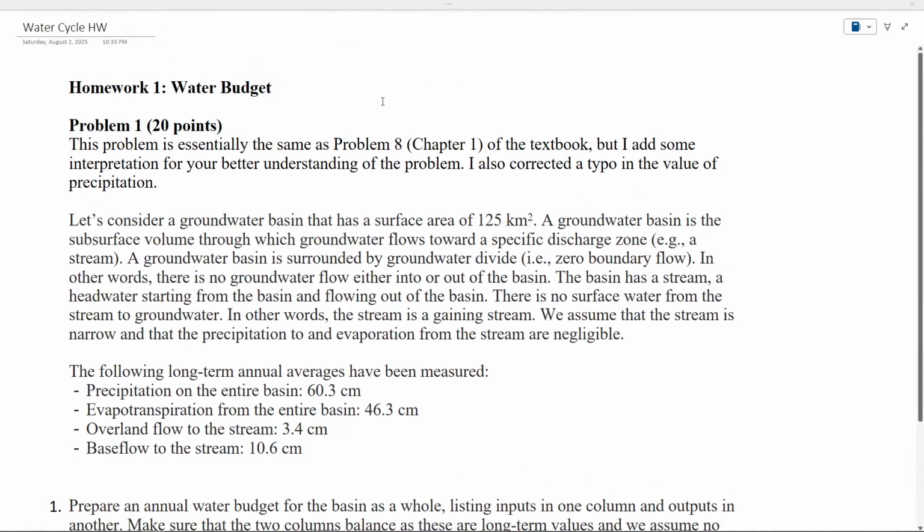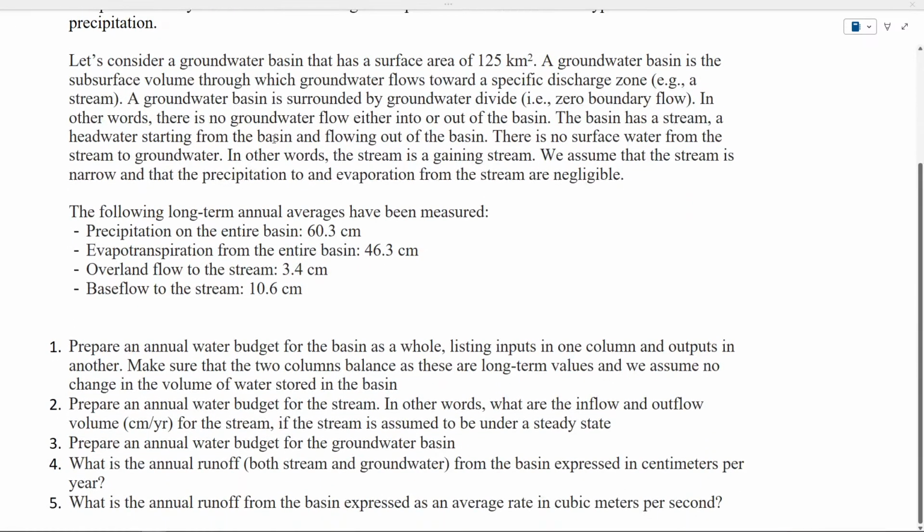This problem is from the Contaminant Hydrogeology book of Fetter. Let us consider a groundwater basin that has a surface area of 125 square kilometers.